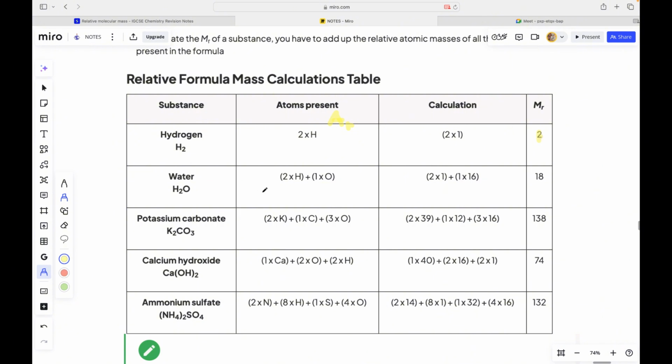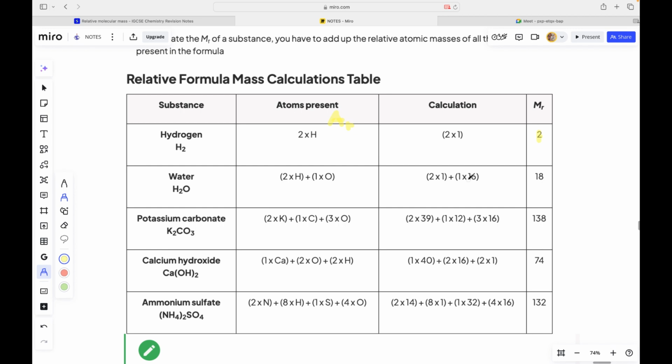Now we go to water. Hydrogen is 1. There are 2 atoms of hydrogen, so you say 2 times H, plus there is 1 atom of oxygen, so 1 times O. Put simply, the relative atomic mass of hydrogen is 1, so you say 2 times 1 plus 1 times 16, because the relative atomic mass of oxygen is 16.